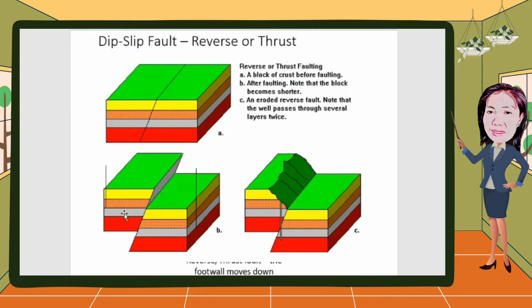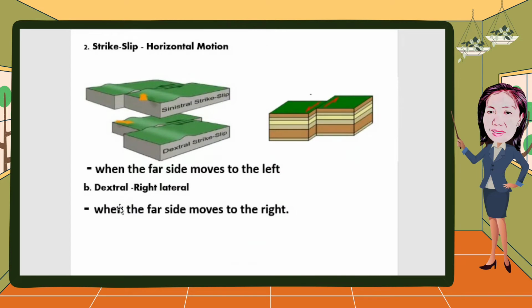It moves upward. So the result is reverse fault. So ganito ang picture niya. Take note that this hanging wall is the one that moves up and down. Okay? Okay, let's move to the horizontal movement.